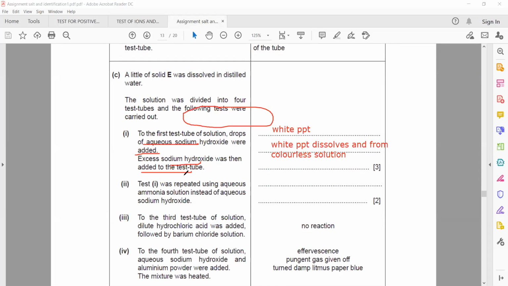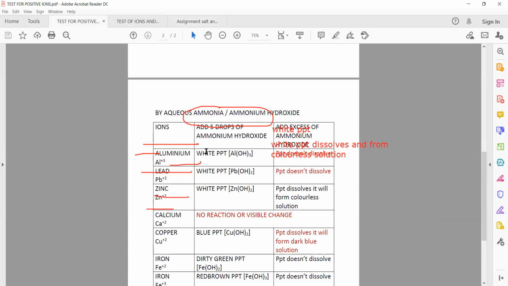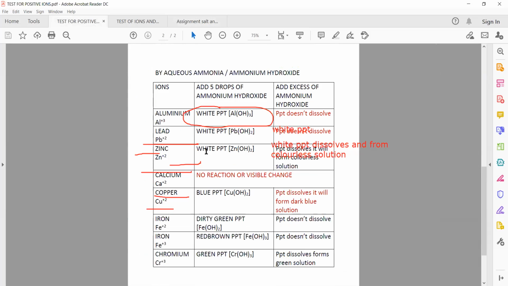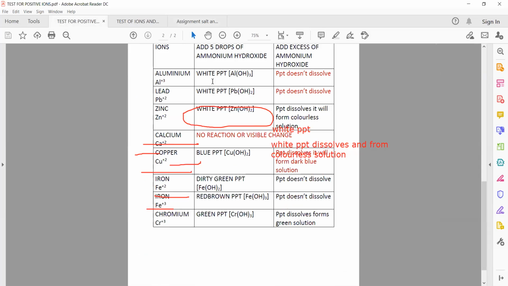Then they mention test 1 was repeated using aqueous ammonia instead of sodium hydroxide. If I use aqueous ammonia instead of sodium hydroxide, what is the observation with aluminum? A white precipitate with drops, and in excess the precipitate does not dissolve.